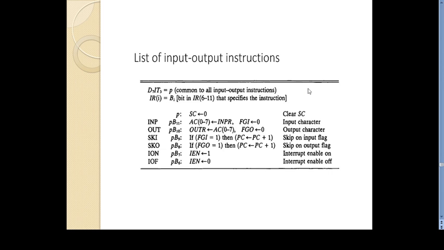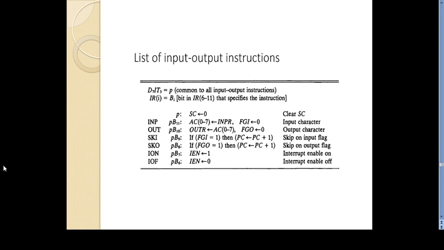The remaining bits of the instruction specify the particular operation. So you can see D7 I T3 equals P. Whenever D7 equals 1, I equals 1 and in the T3 time period, then these P instructions will execute according to Bi, that is IR, the instruction register.